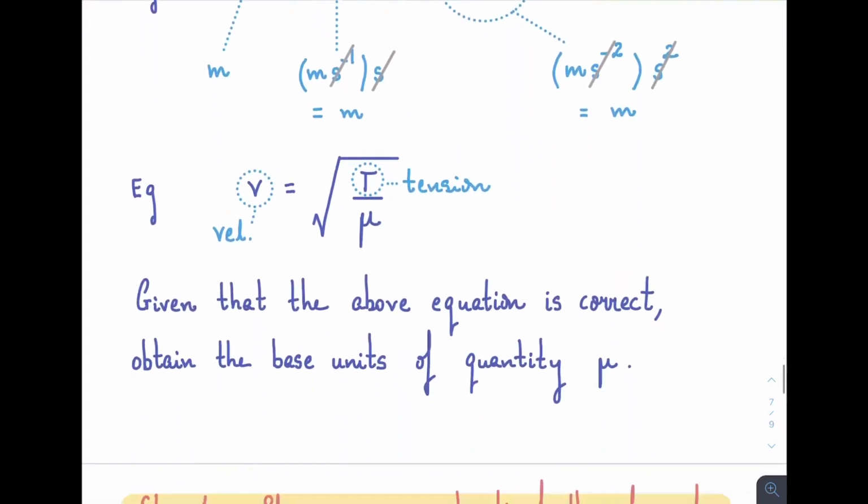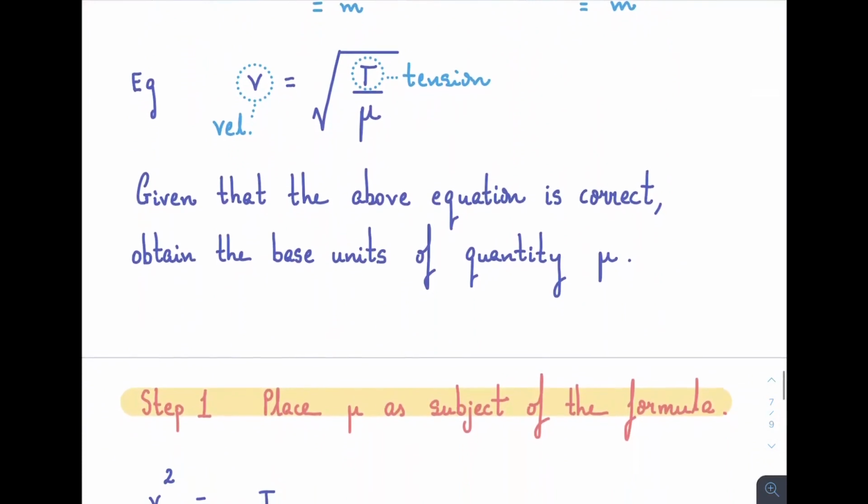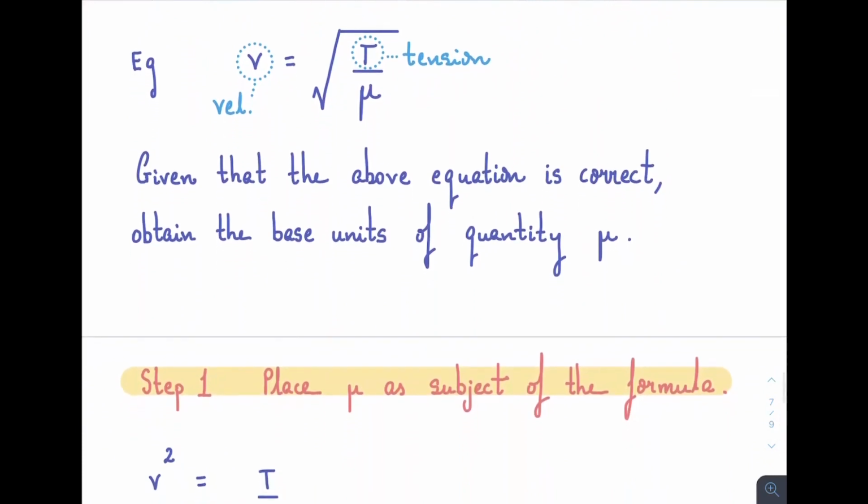In the last example, you are given an equation which you're told beforehand that it is a correct equation. So given that the above equation is correct, obtain the base units of quantity mu.